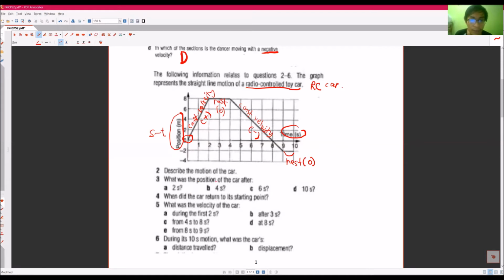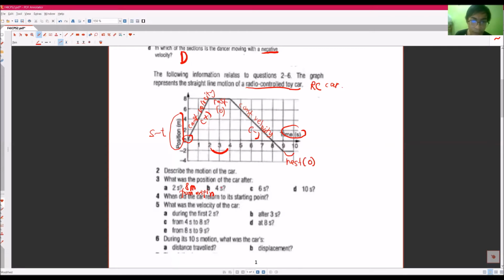What was the position of the car after 2 seconds? So what was the position of the car after 2 seconds, which is basically at rest and at 8 meters from origin. 8 meters from origin, or positive 8.